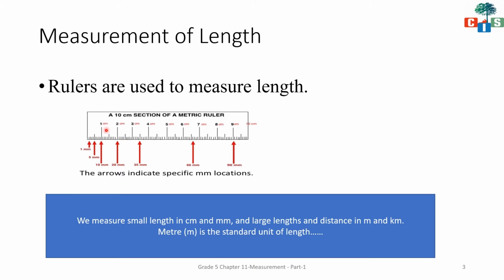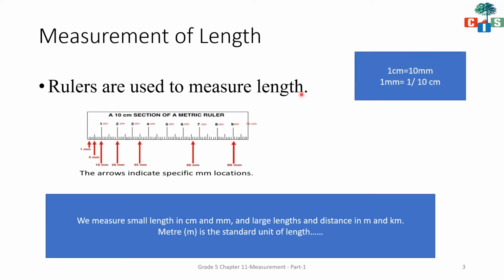And 1 centimeter is divided into 10 equal parts. How many equal parts? 10. See, if you count these small lines, you will find that there are total 10 lines. Therefore 1 centimeter is equal to 10 mm. Why 10 mm? Because there are total 10 lines and one line represents 1 mm.